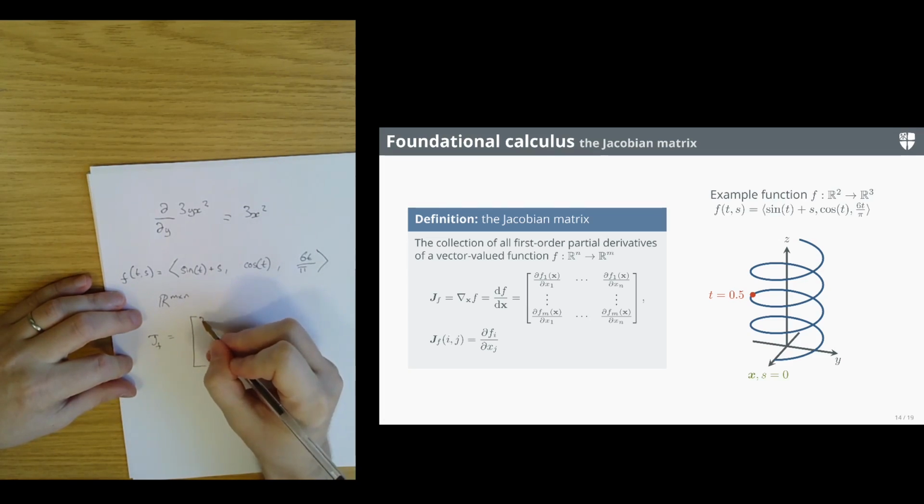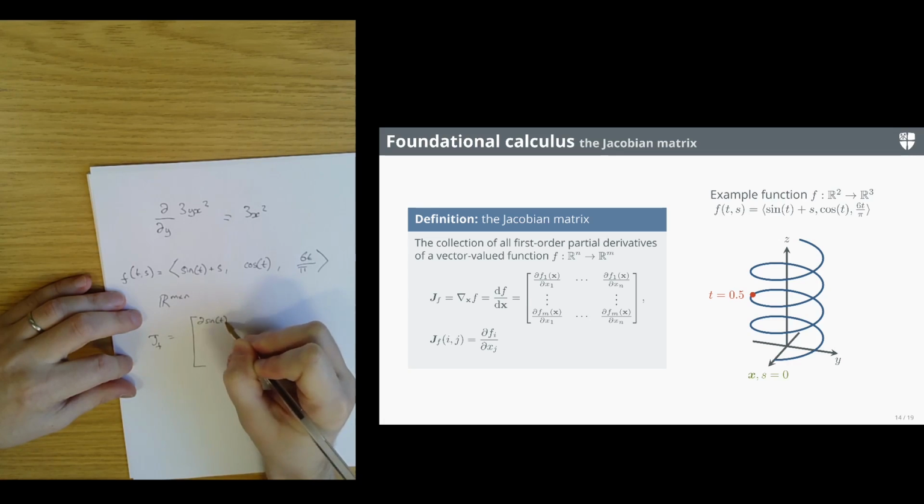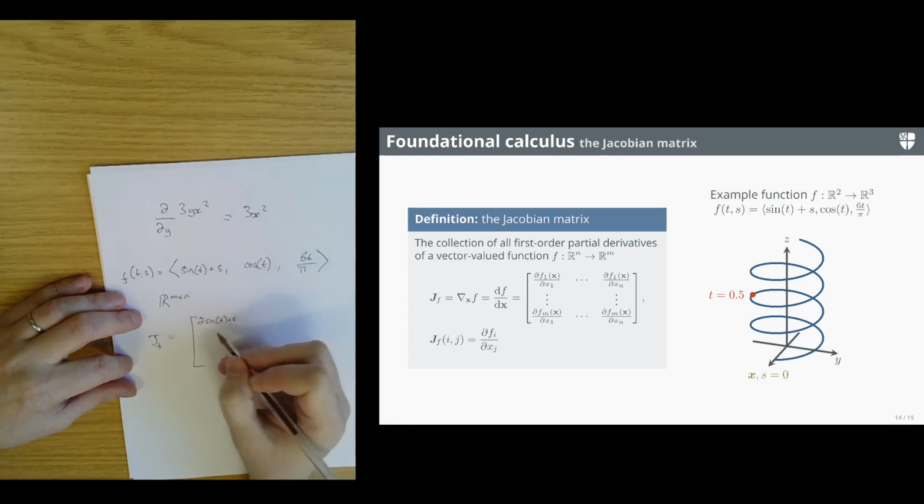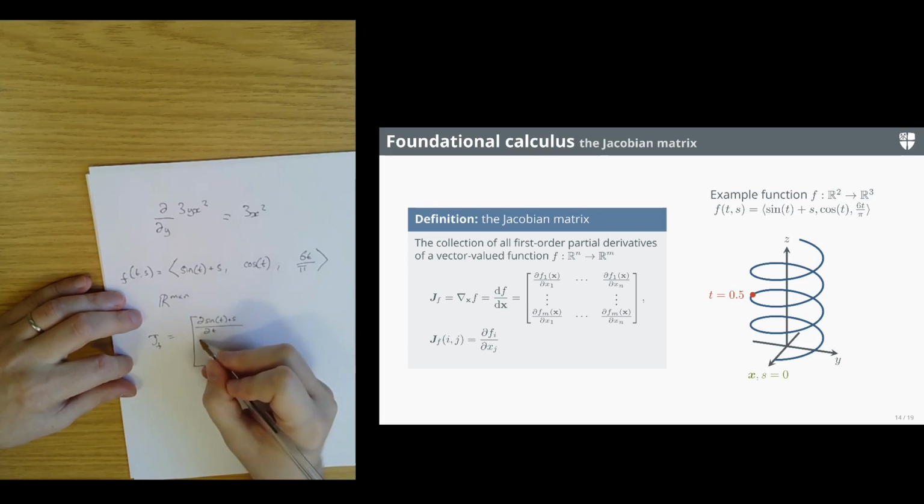So we've got the partial derivative of sine of t plus s with respect to t, partial of cosine of t with respect to t. Probably should have given more space.